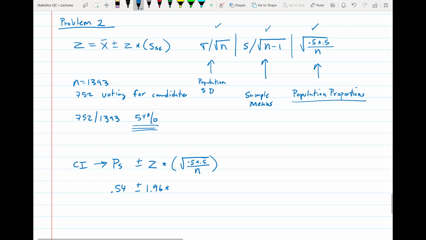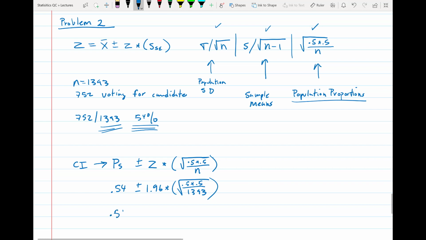So in this case, in our example here, it's going to work out to 0.5 times 0.5 divided by 1393, and we get that over here. Okay, let's do that calculation.